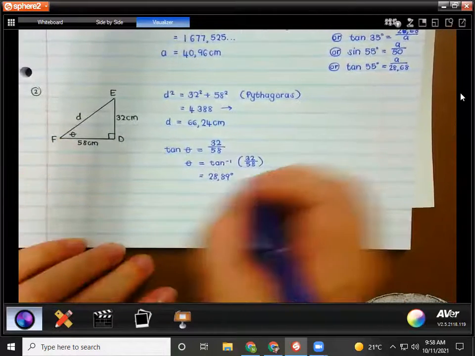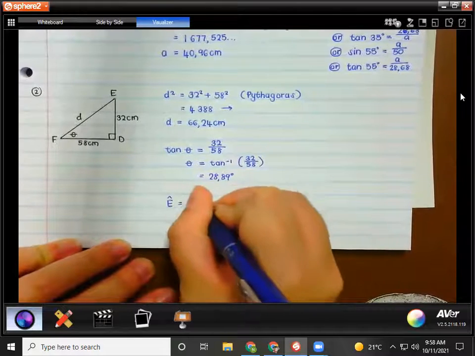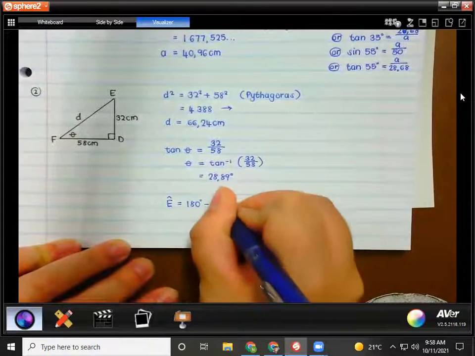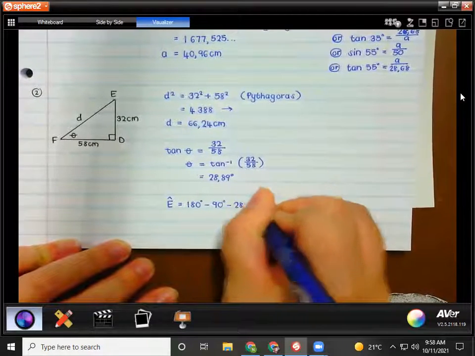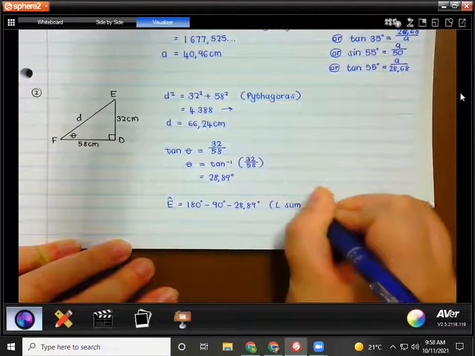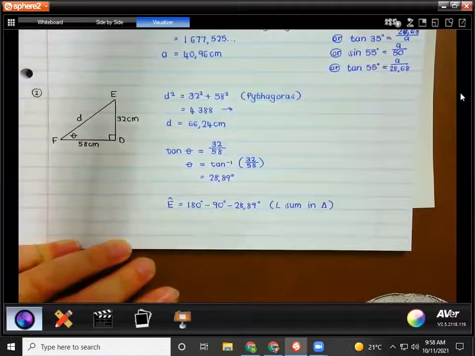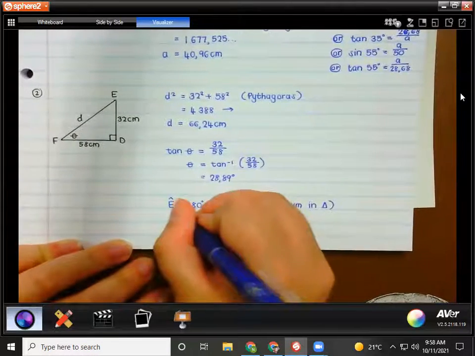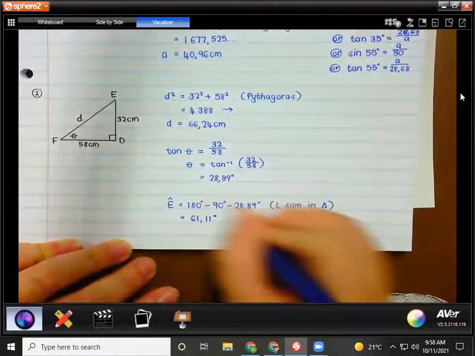Angle sum in triangle. All right, so angle E is equal to 180 minus 90 minus 28.89. And you put your reason there, angle sum in triangle. And the answer is 61.11 degrees.